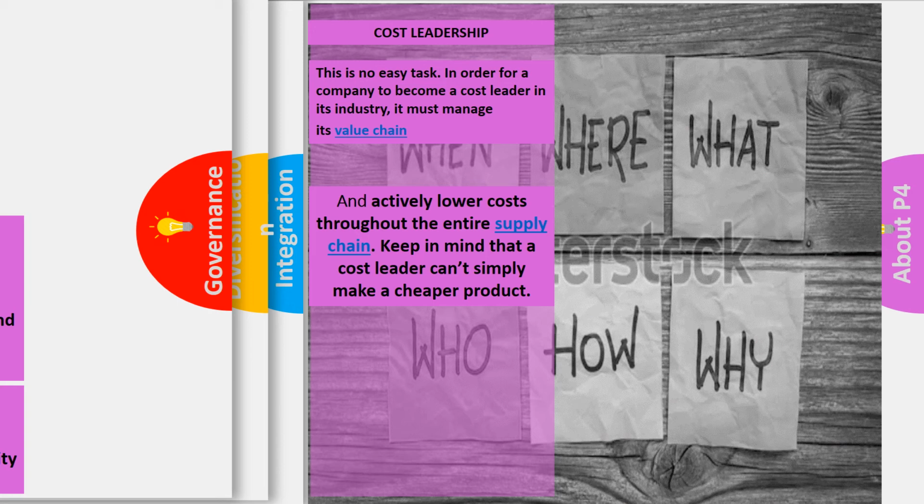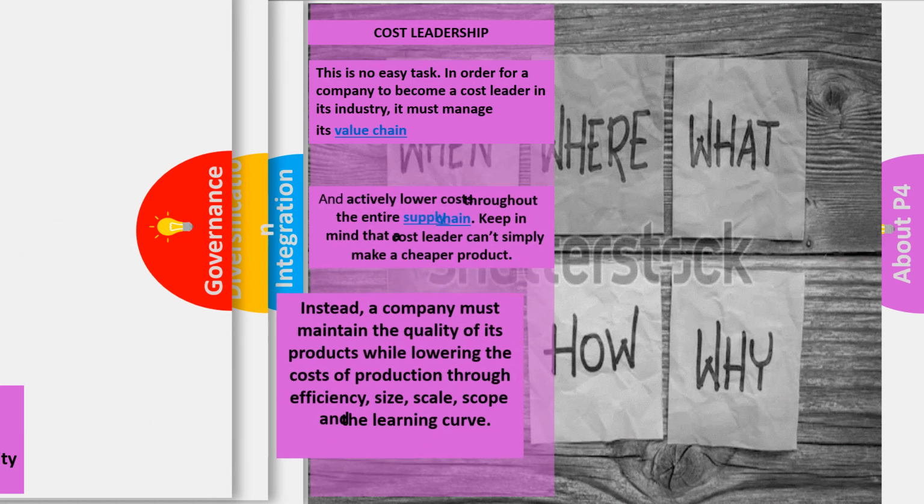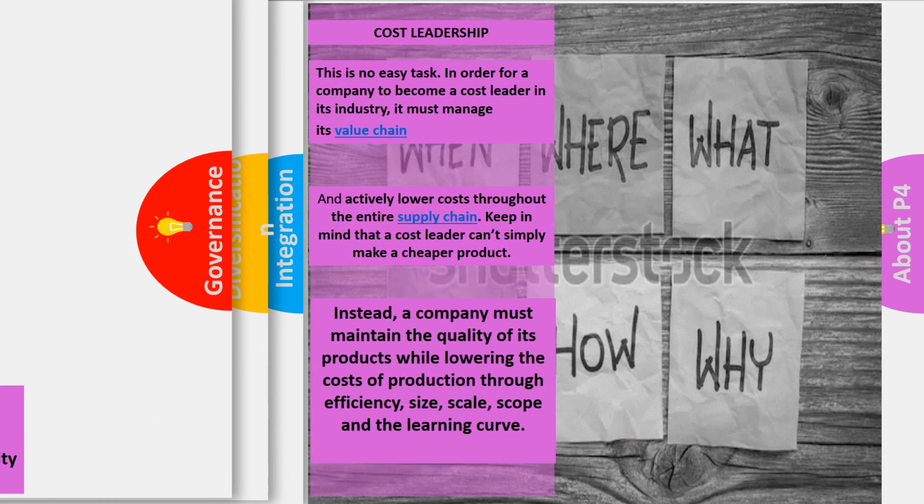They also implement various policies like lean, continuous improvement and total quality management. So they're always trying to improve, cut down on waste, and improve productivity and efficiencies. When we're talking about cost leadership, a company must maintain the quality of its products while lowering the cost of production through efficiency, size, scale, scope, and a learning curve as well.